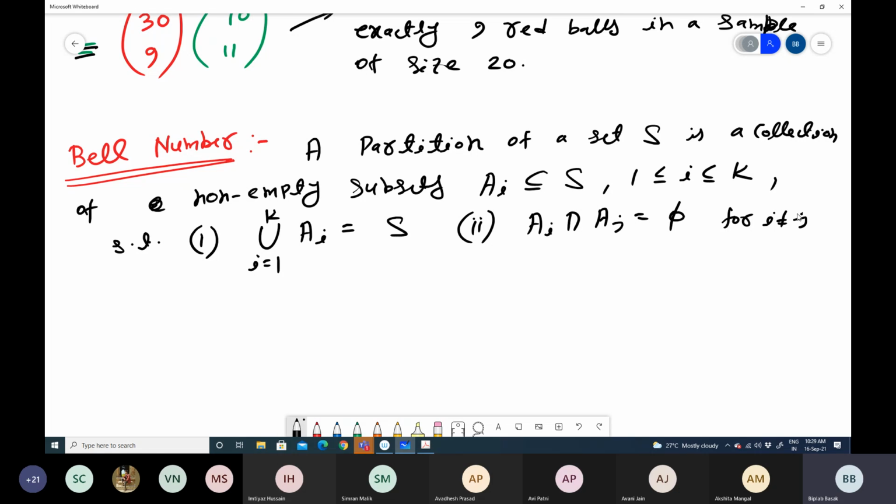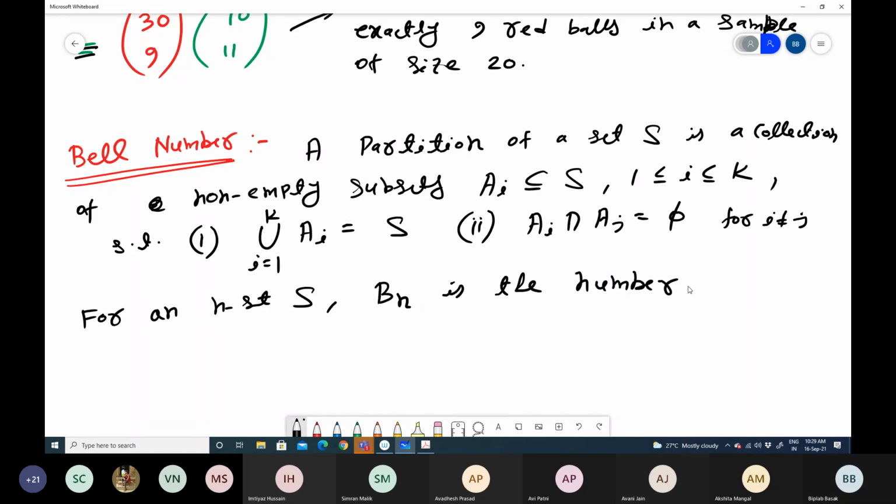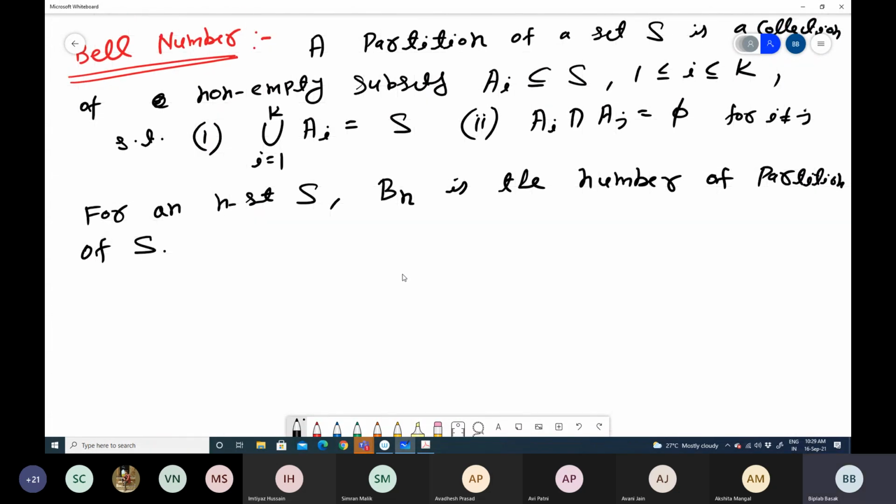Now what is a Bell number? For an n-set S, that is, a set with n elements, Bn is the number of partitions of S. By convention, we take B0 equal to 1.